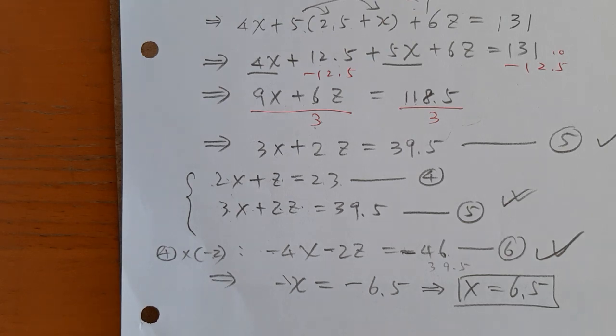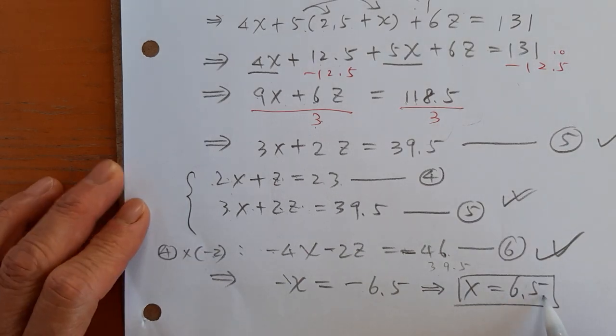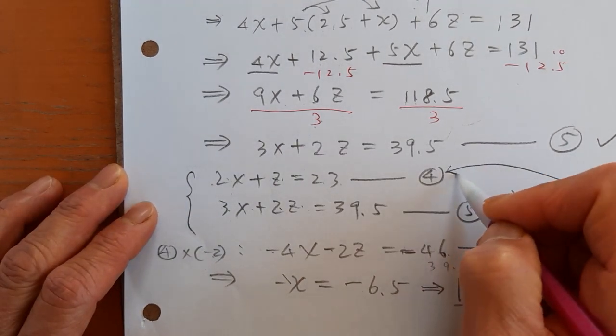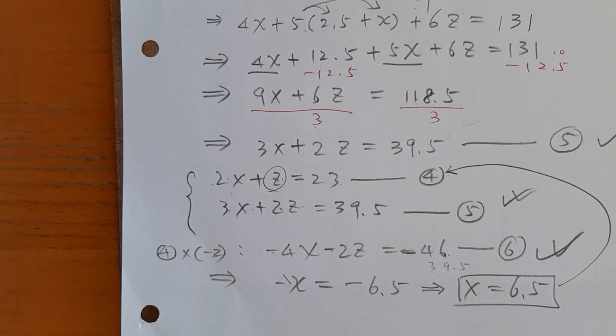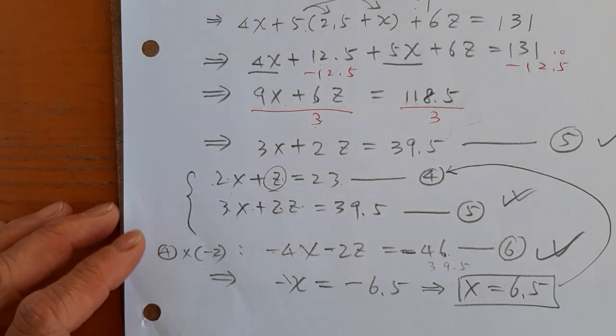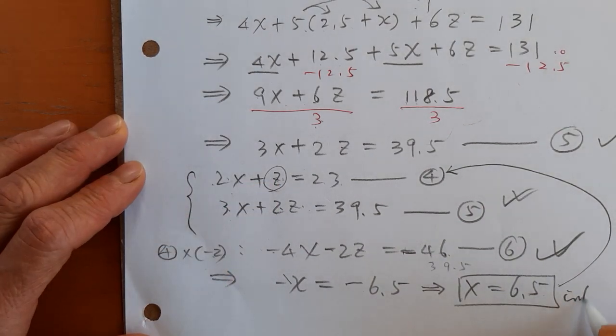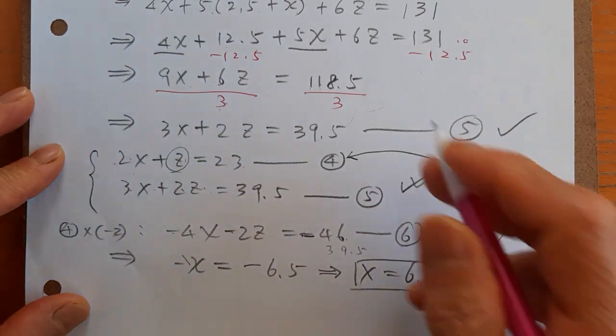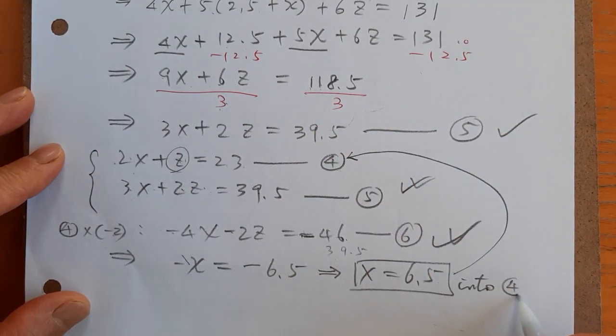Then to get z, you can plug x equals 6.5 into the fourth equation, because only there is z.